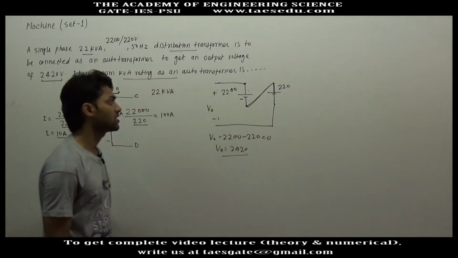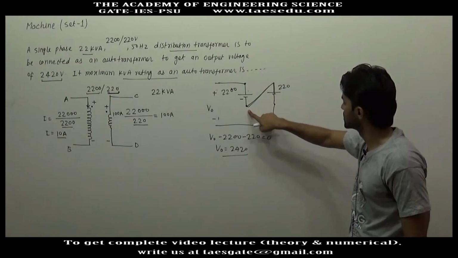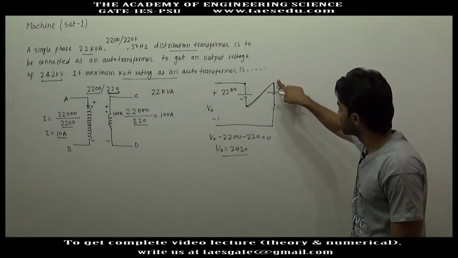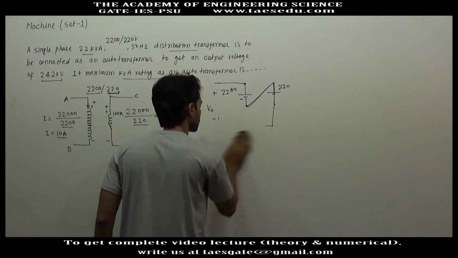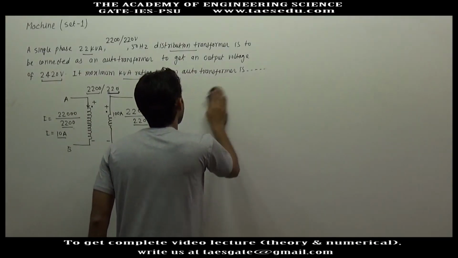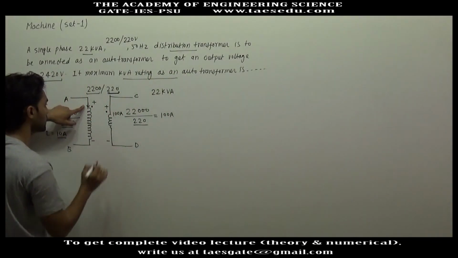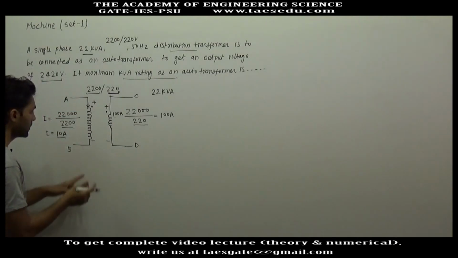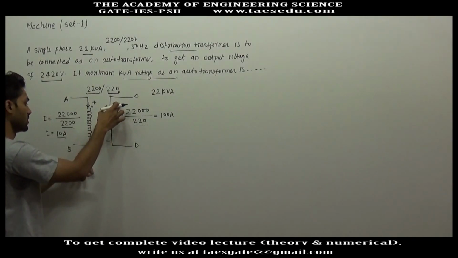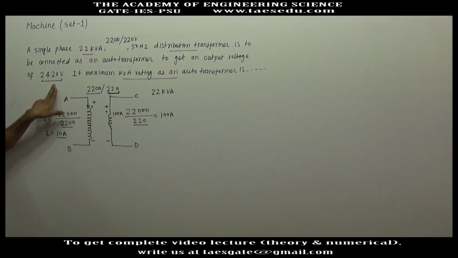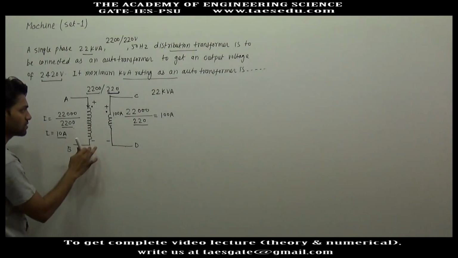So to get the summation, we need to connect the negative terminal of the first voltage source to the positive terminal of the other. So terminal A will be connected to terminal D, or the negative of this has to be connected to the positive of the other. We can get this voltage in two ways, either by connecting A to D or by connecting B to C.